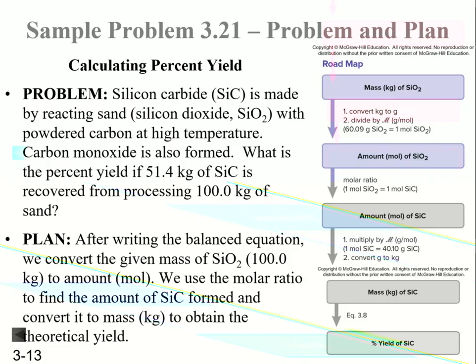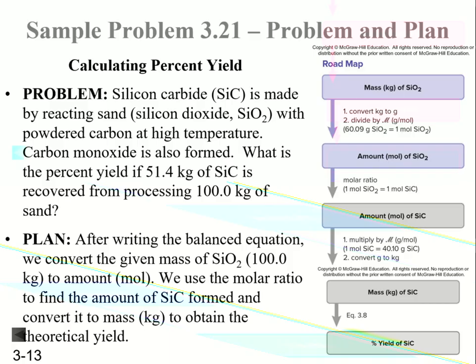So that's your problem. Now, before we look at Silverberg's roadmap or solution, let's think about the things that we might want to do ourselves. First off, we want to write out a chemical reaction, right? Silicon carbide is a product, made by reacting sand, so silicon dioxide is a reactant, with powdered carbon, that's elemental carbon, C, a reactant.